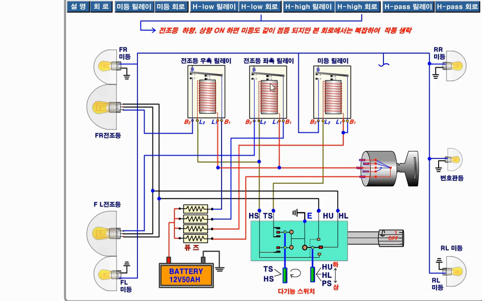So when current flows through these coils, they get energized, and it pulls this bar downwards against this spring. So there will be the connection at this point, so the circuit will get closed.